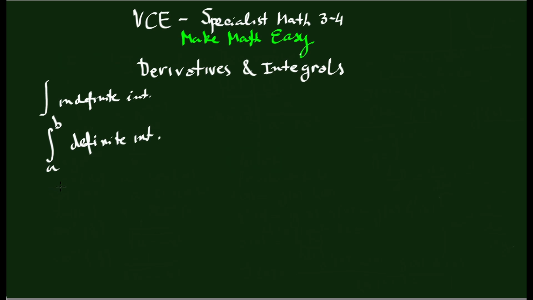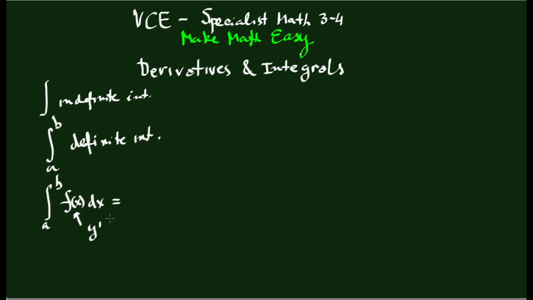If you have, for example, an integral from a to b of a function f of x dx, you can think of this f of x as already being a first derivative of something.